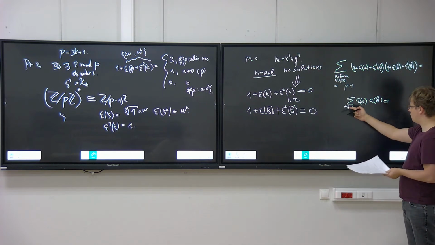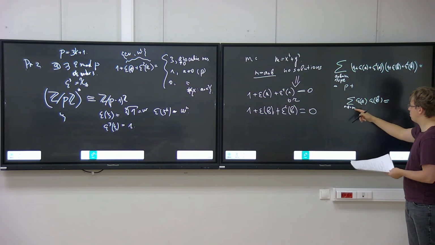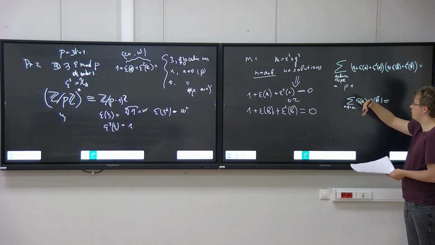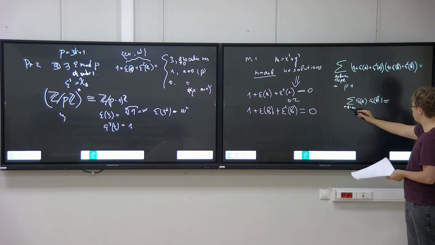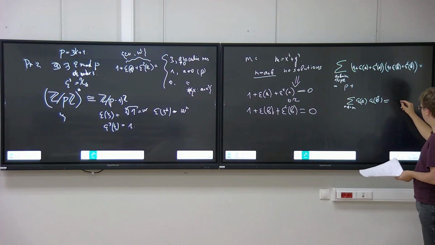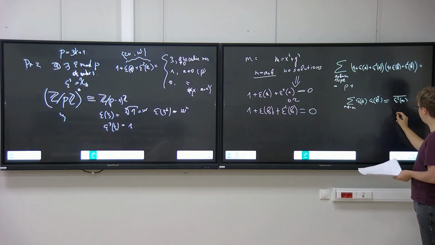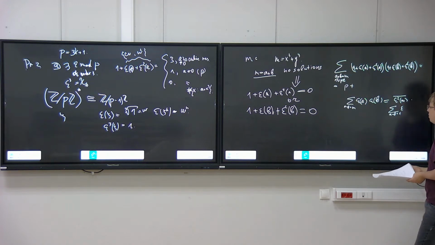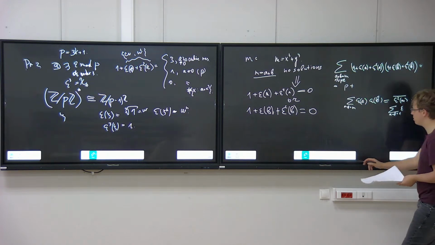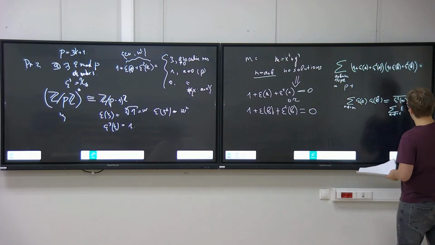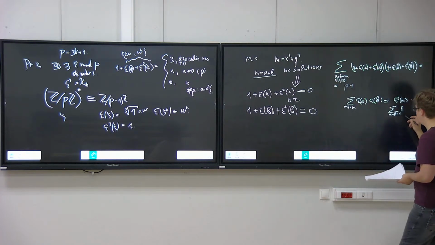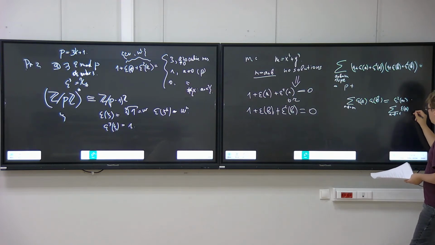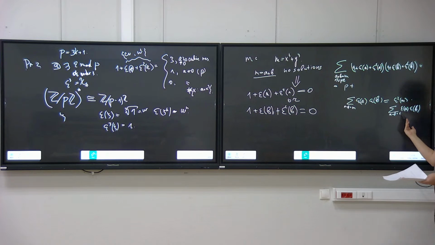If M is 0, then it is always 0, we already said that it's obvious. Now M is not 0, so it will be epsilon squared of M, multiplied by the sum where A plus B is 1. And this is Jacobi's sum, yes?